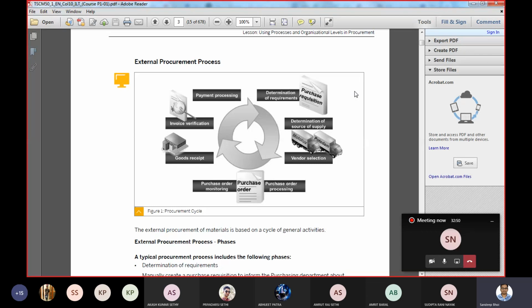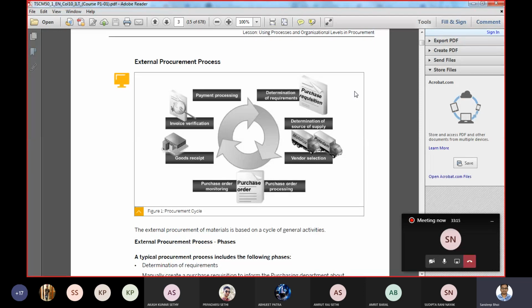Okay, so the first one is the determination of requirement. Any purchasing organization, any plant, or any company has certain requirements.